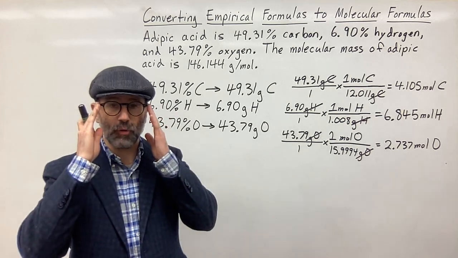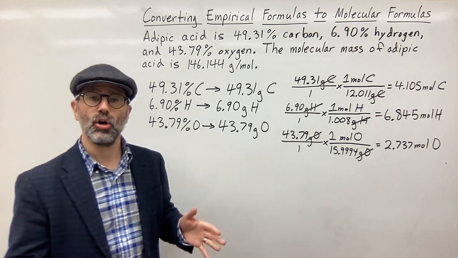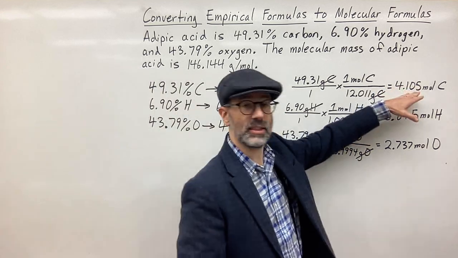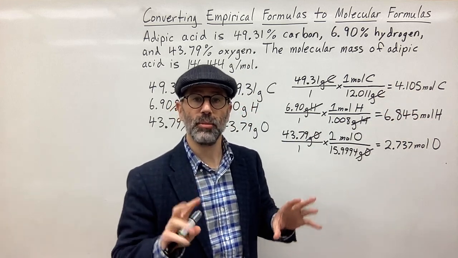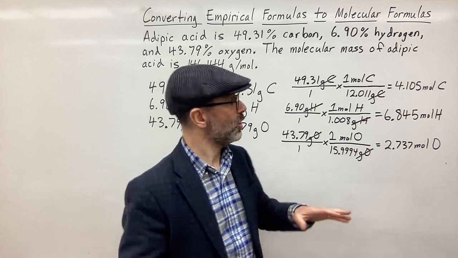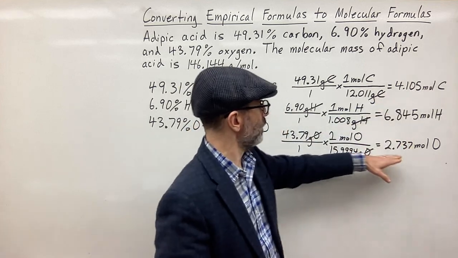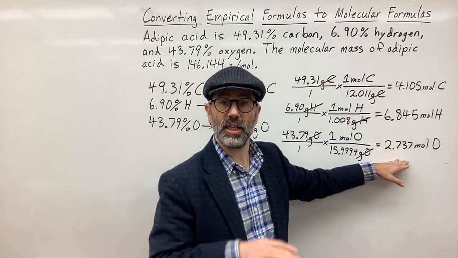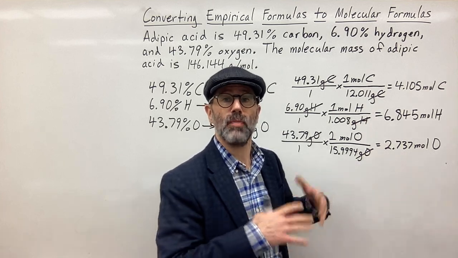Okay, so now I have the moles of oxygen. To get my empirical formula, I need to get the smallest whole number ratio. So I'm going to write a pseudo formula using these. Remember, the subscripts in your empirical formula are mole ratios. So what we can do is use these three and find the smallest mole ratio by dividing by the smallest number.